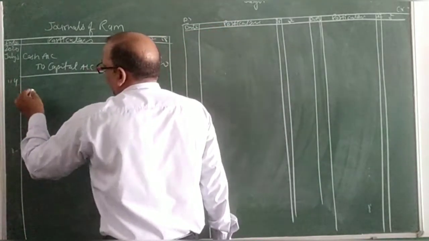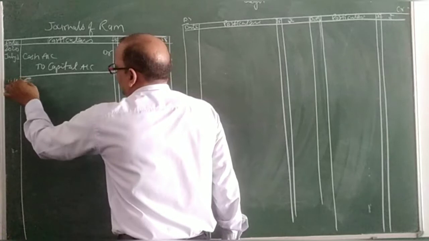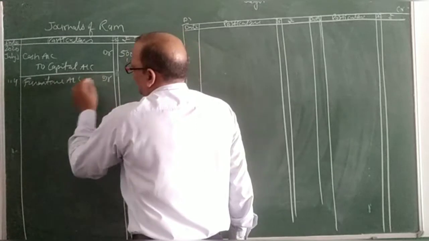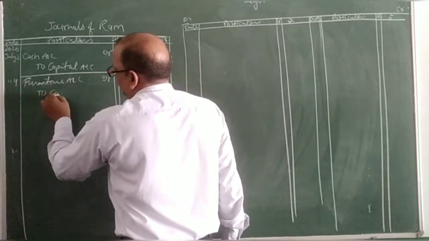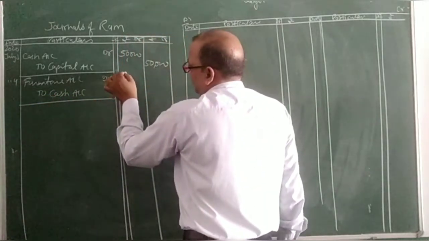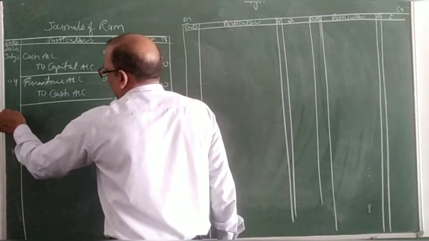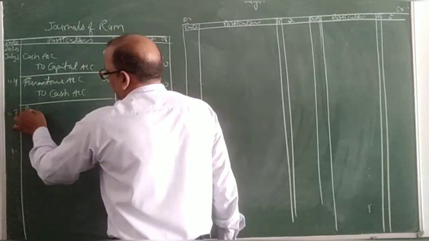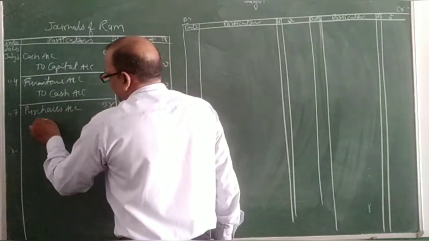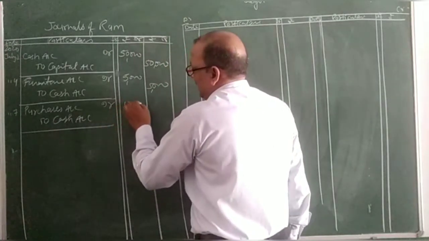On July 4, purchased furniture, so the entry will be furniture account debit to cash account, of rupees 5,000. Purchased goods also on the 7th, so for goods we use purchases: purchases account debit to cash account of rupees 12,000.